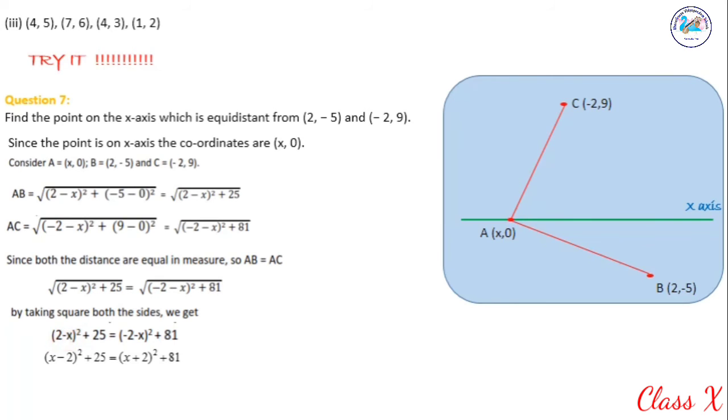Now we have to do a little arrangement, because here the variable is on the right side. For ease of calculation, I have written 2 minus x as x minus 2. Both are the same, since the square is outside; if you take a minus common, it is not a problem.